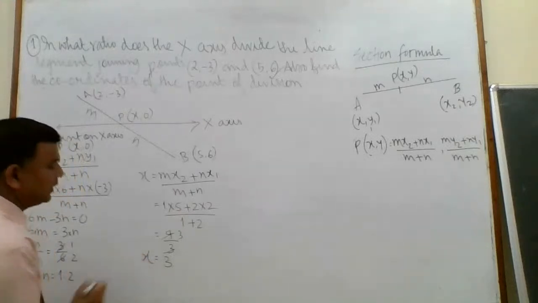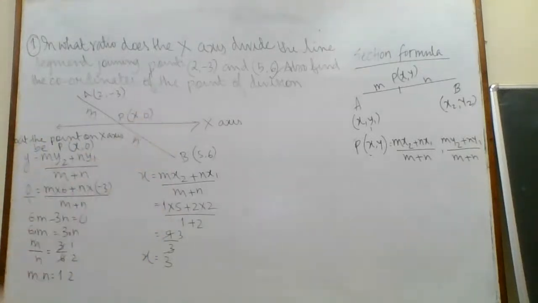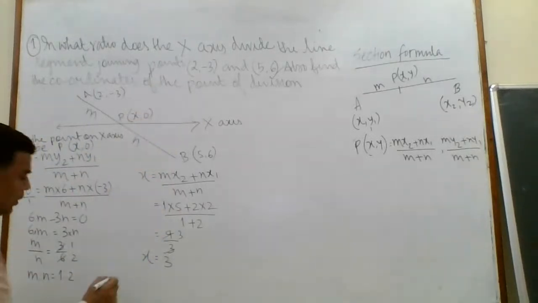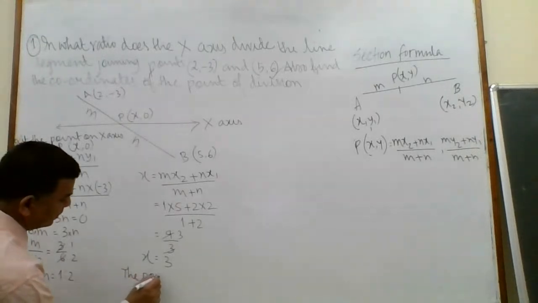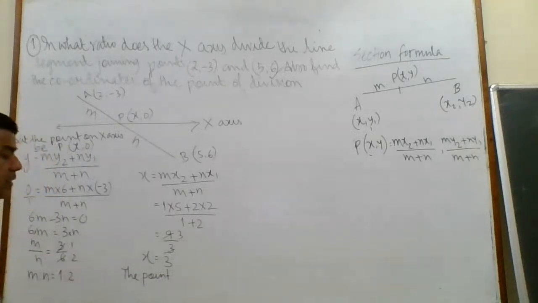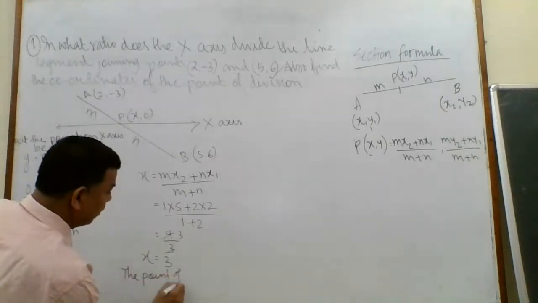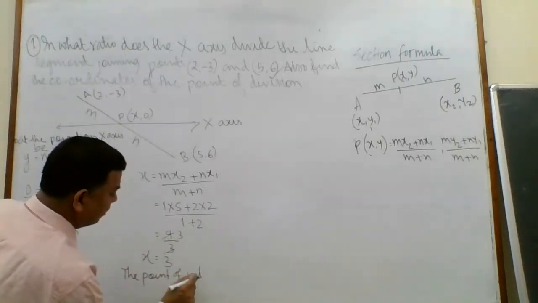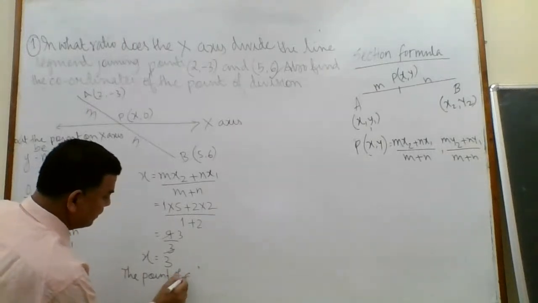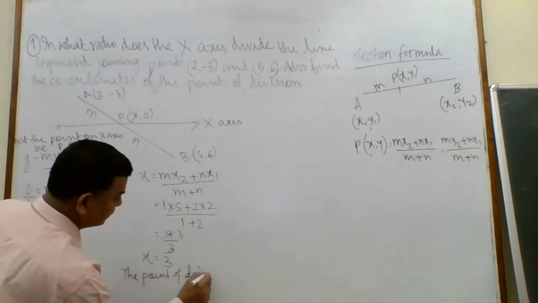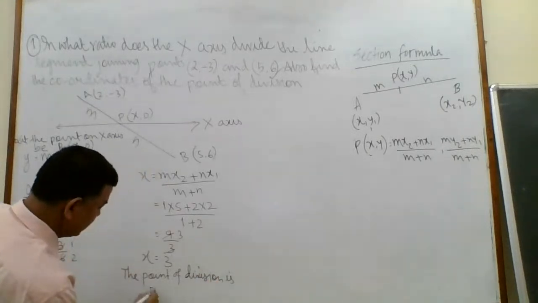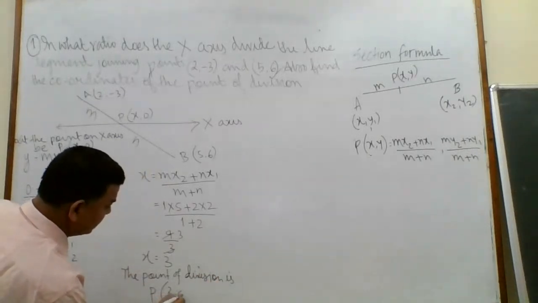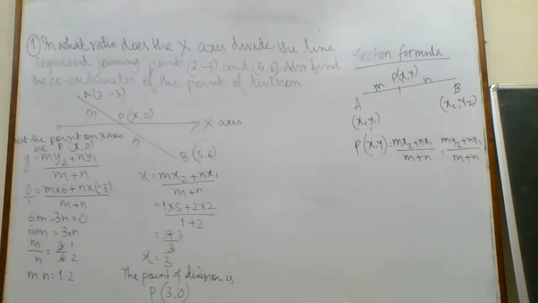So the value of X is 3. But what is the question asking for? To get the coordinate. So at last, the coordinate of the point of division, or intersection, the point P is (3, 0).